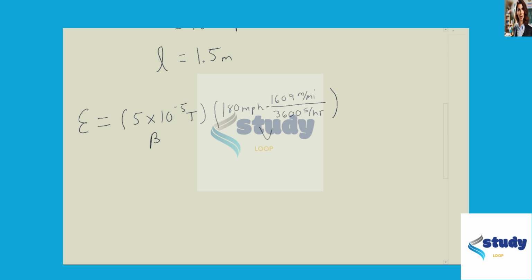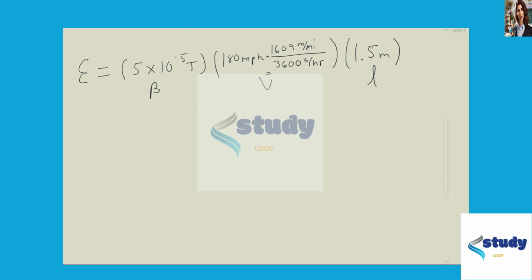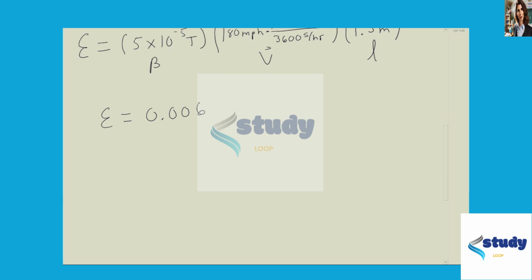And we're going to multiply this by our distance between the tracks, which is 1.5 meters. So that's going to give us a potential difference, or motional electromagnetic force, of 0.006 volts.